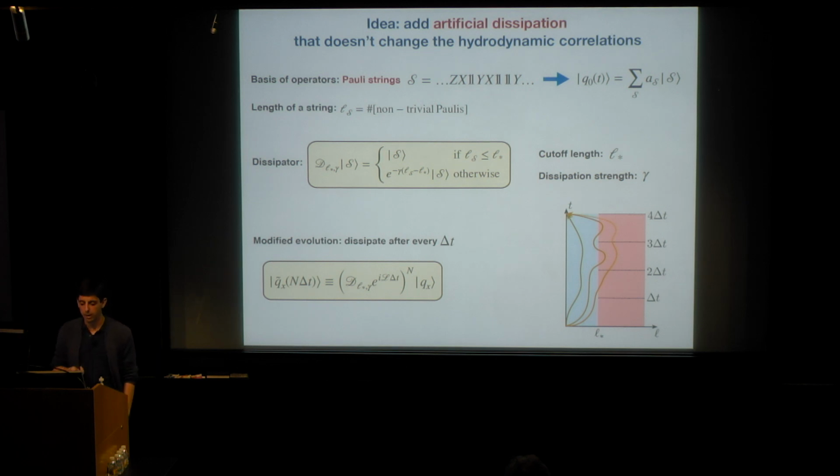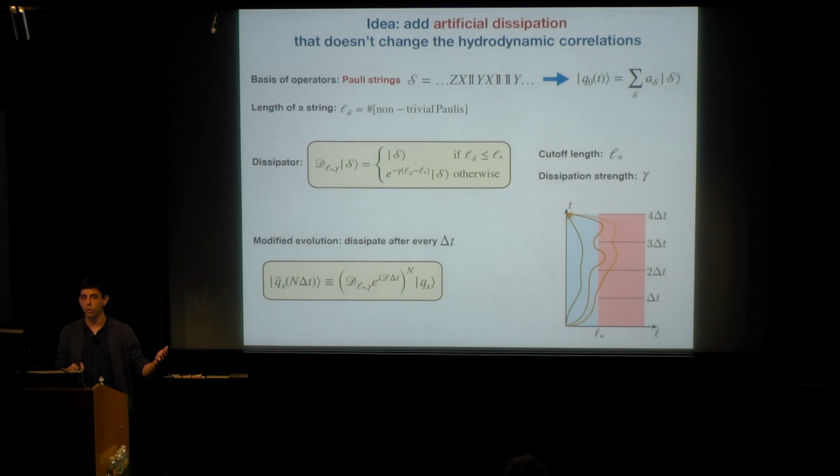So motivated by this, what we do is we introduce a dissipator, which is a superoperator acting on operators. And it has 2 parameters, L star and gamma. L star is a cutoff in terms of this Pauli length or Pauli size, such that operators that have a size below this will not be affected by the dissipation. One point of this is that you want your conserved quantities not to be affected.